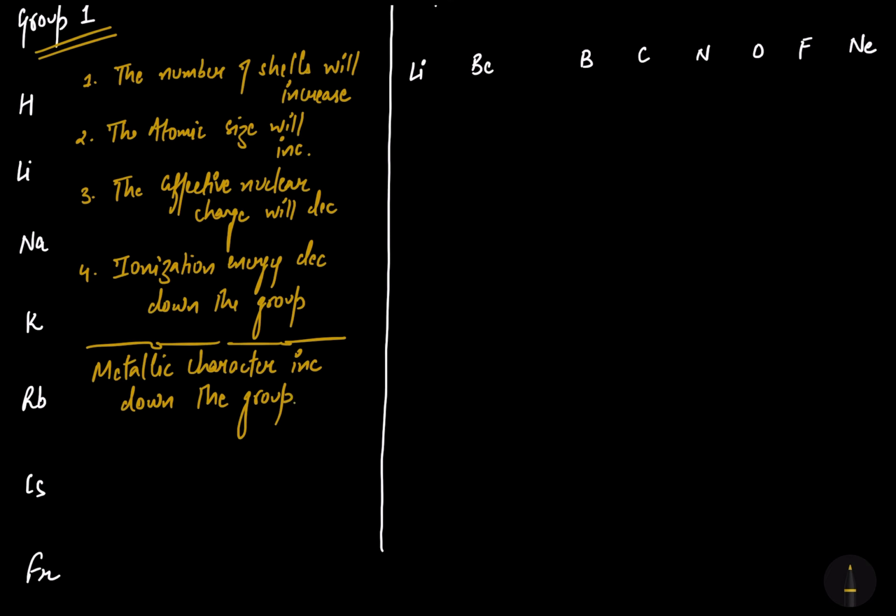All the above four factors will enhance the tendency of an element to lose electron. Thereby metallic character will increase down the group, and vice versa, non-metallic character will decrease down the group.